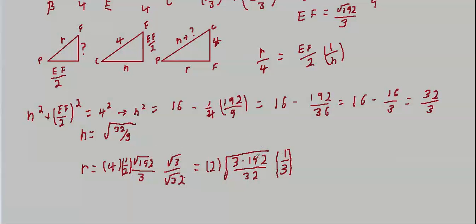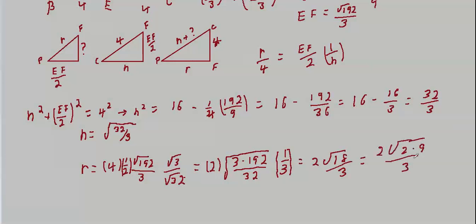And if we do the arithmetic, 3 times 192 divided by 32 turns out to be 18. So we get 2 times the square root of 18, and that's going to be divided by 3. But that's the same as 2 times the square root of 2 times 9, right?